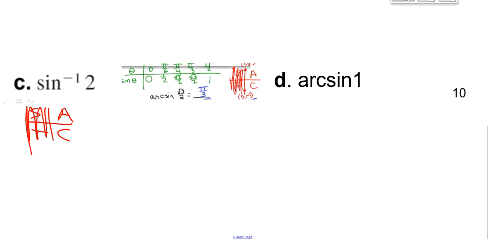Okay, what is the domain of this? What is our domain? We just wrote it down. -1 to 1. So our domain is from -1 to 1. So if they're calling for the inverse sine of 2, can we find an angle that will work? So this one is not possible.